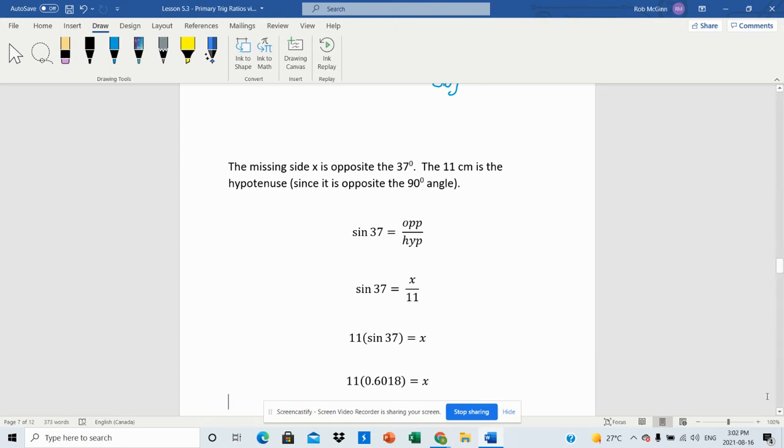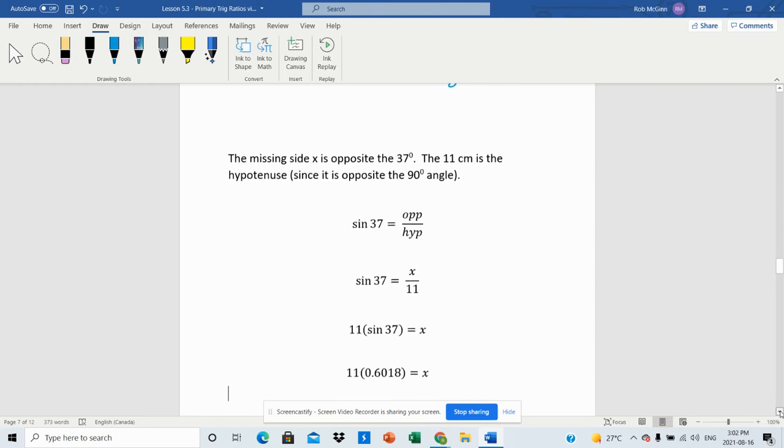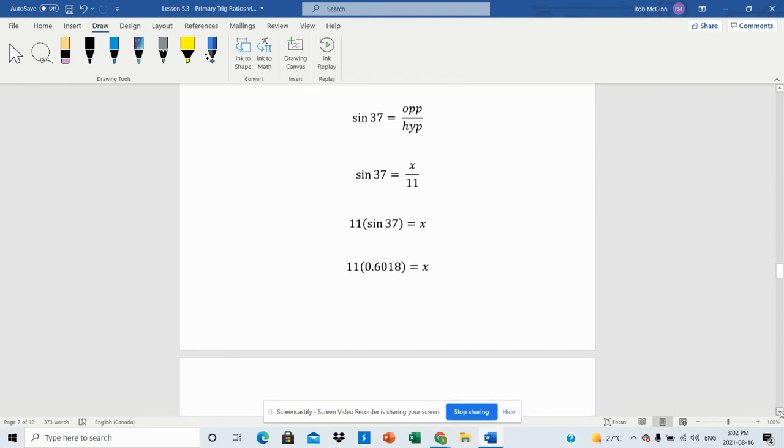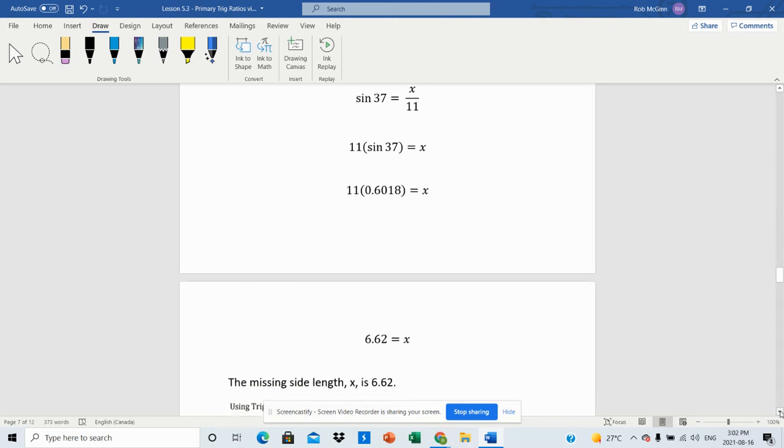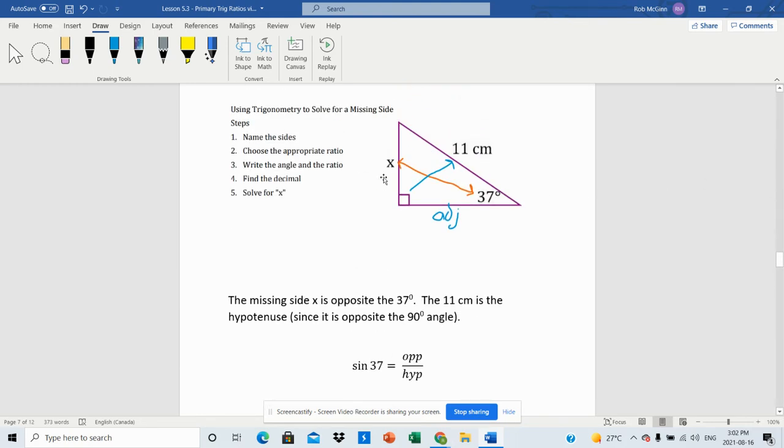And that equals x. So now we just do our multiplication to find out what x is. And in this case, x equals 6.62. So that missing side length, x, is 6.62 units long. So going up here, x equals 6.62.